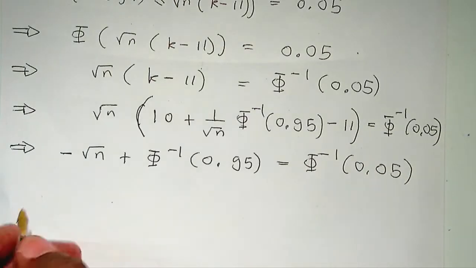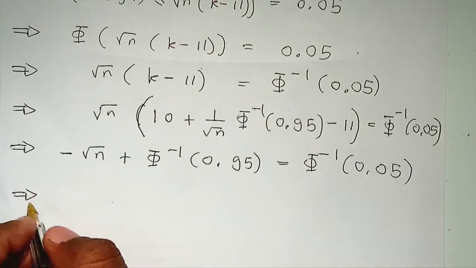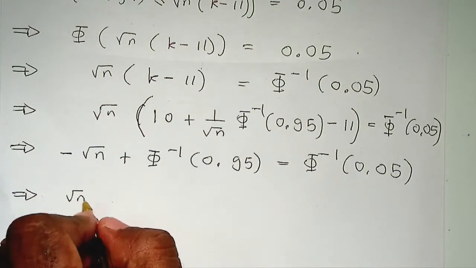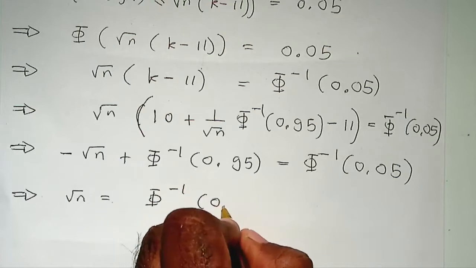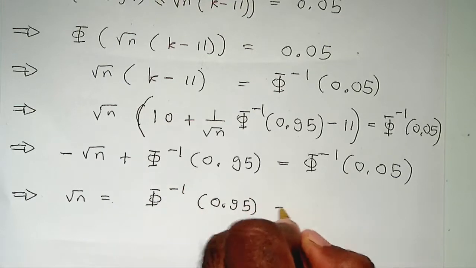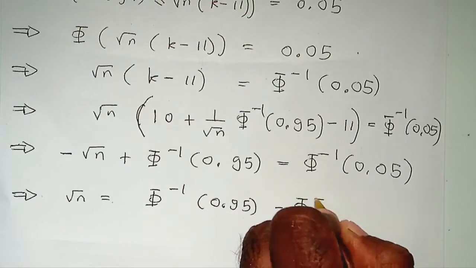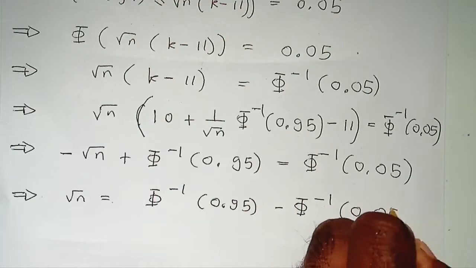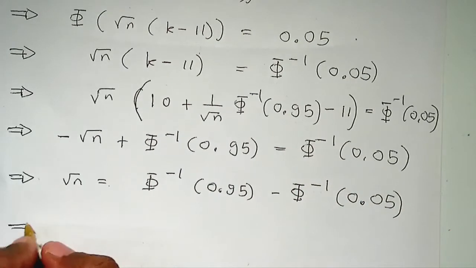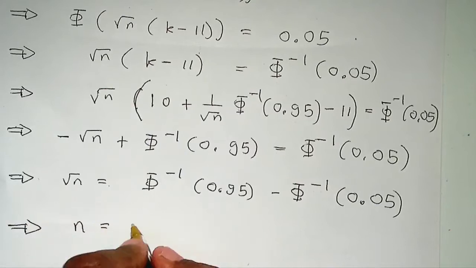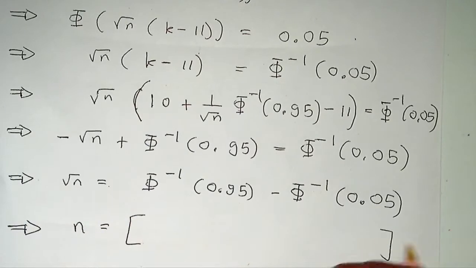Further simplifying this, you get root of n is equal to phi inverse, and therefore the final step, n, is the square of this.